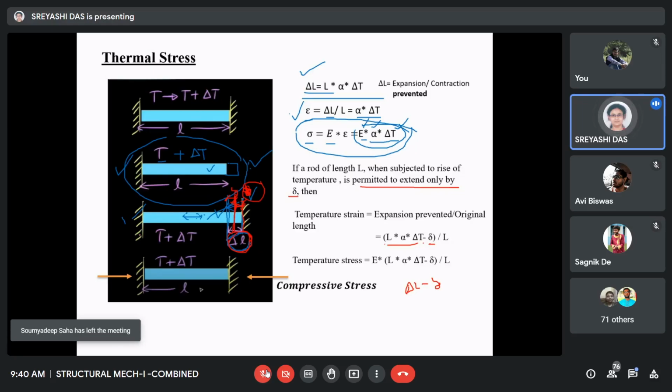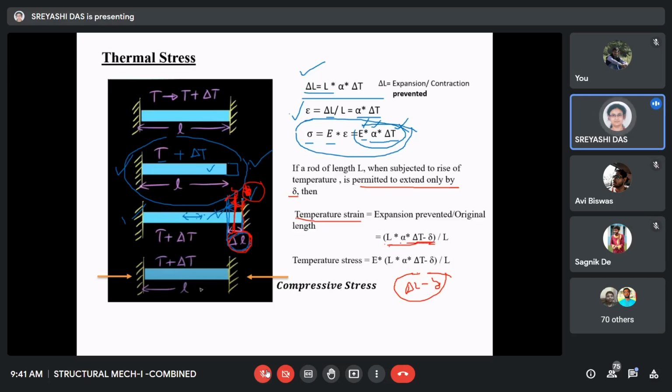So the thermal stress will be produced for this length only. So what will be the strain then? Temperature strain will be the change in length divided by original length, that is capital L, and the temperature stress will be modulus of elasticity multiplied by the strain.